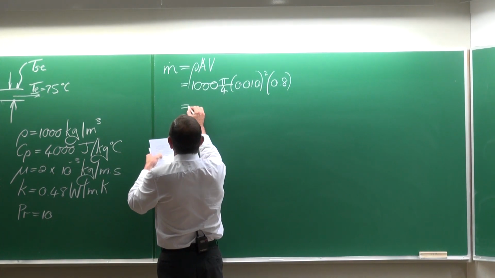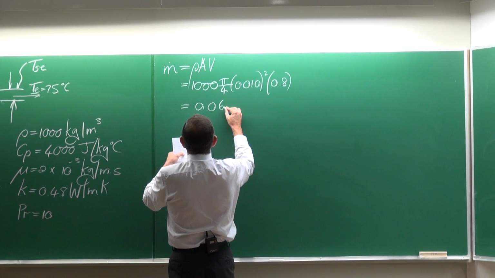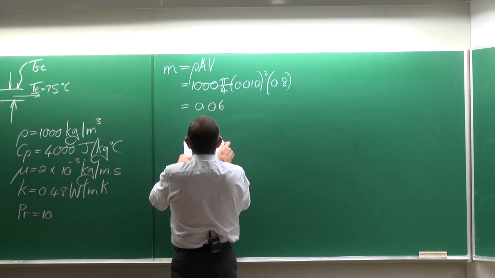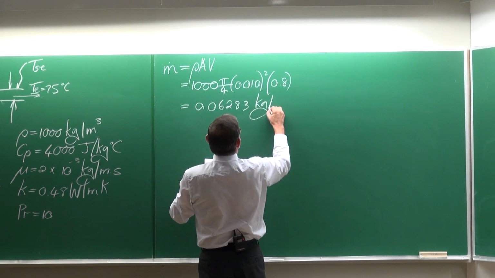So it is quite straightforward to determine the mass flow rate as equal to 0.06283 kilograms per second.